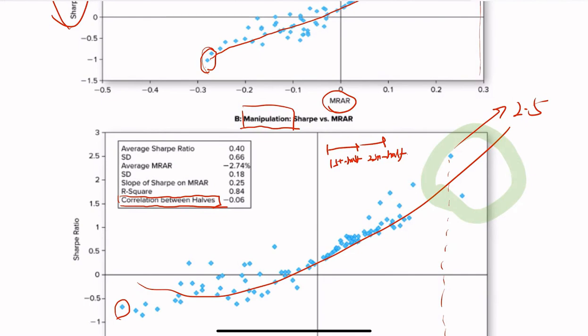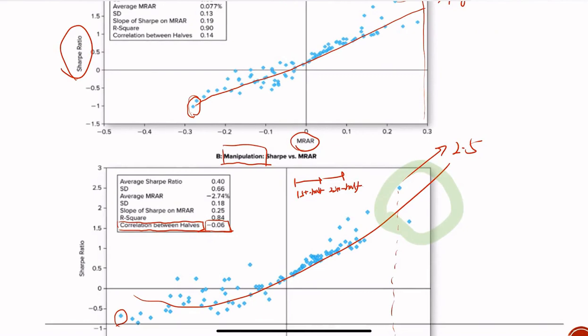And you can see that if the first period was bad, then the second period will be better. And if the first period was good, then the second period will be bad. So there is this negative correlation here. You get a negative number here.